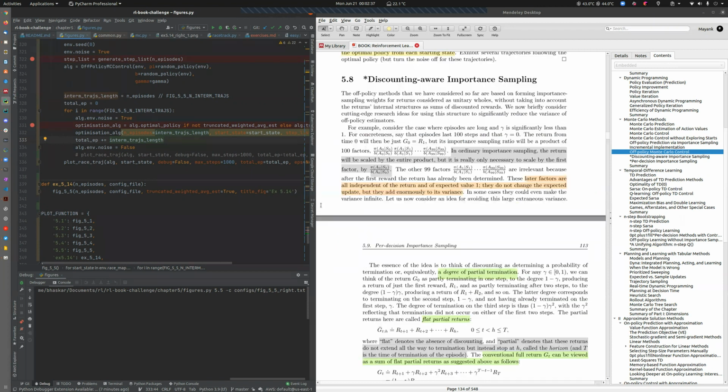Here we have the variance of the off-policy estimators, which we are reducing.